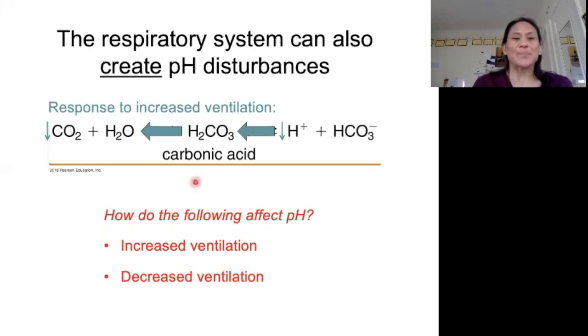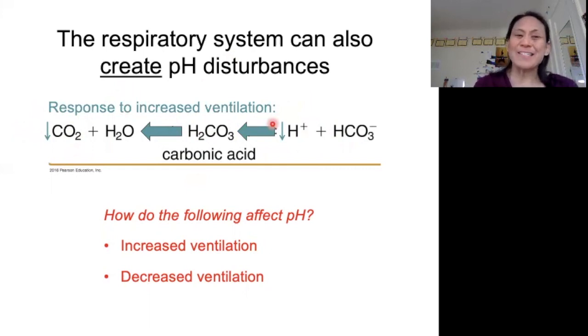Okay, so our response to increased ventilation: if we are increasing ventilation, we're offloading a bunch of CO2, that's going to pull this equilibrium reaction in the leftward direction. That is going to decrease our concentration of hydrogen ions, and it is going to increase our pH.